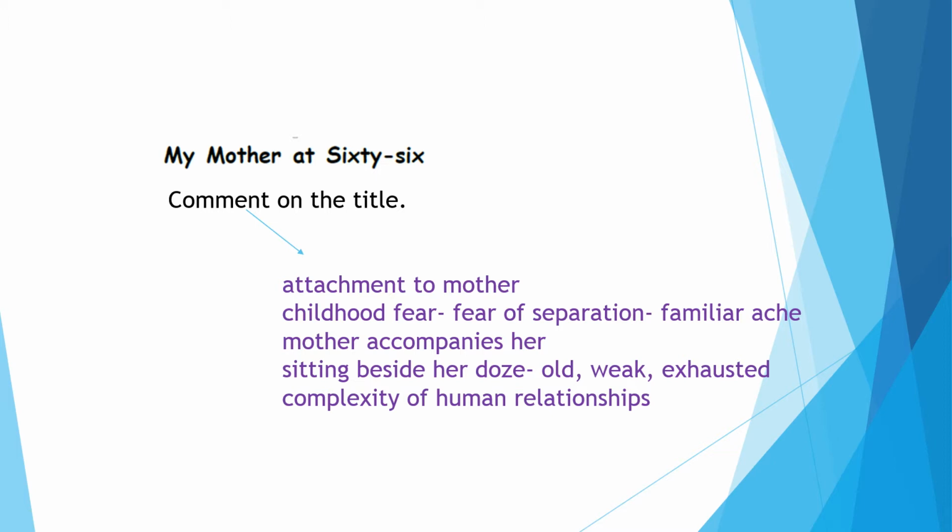And you see, the poet's mother accompanies her. She was sitting beside her and dozing. Though she was old, weak, and exhausted, she accompanied her to see off her daughter. She accompanied her to the airport. So the relation that the poet had with her mother is quite evident in this poem. So the title is very apt.